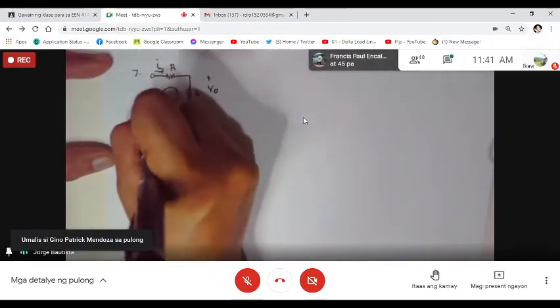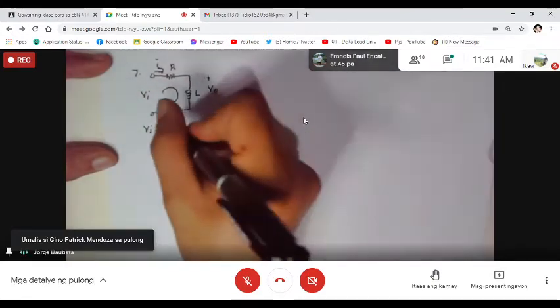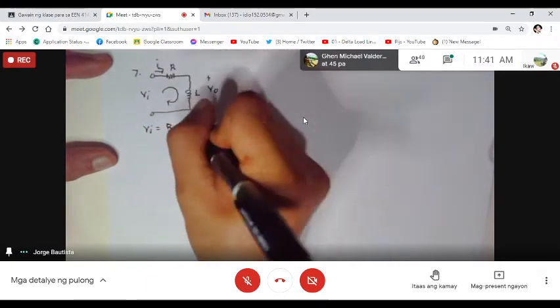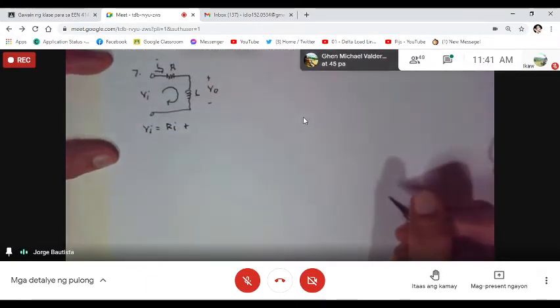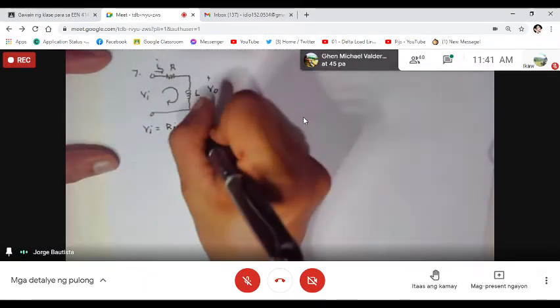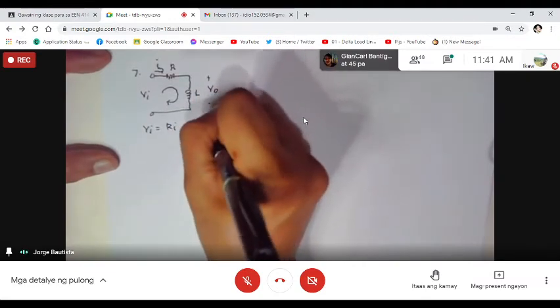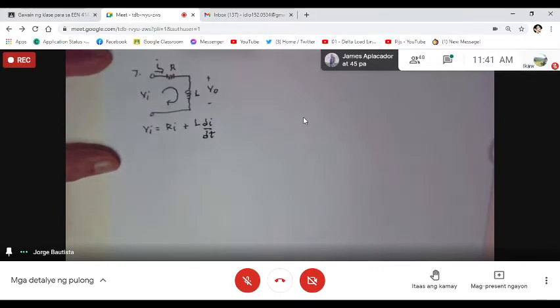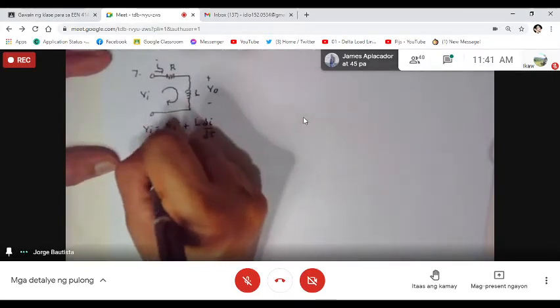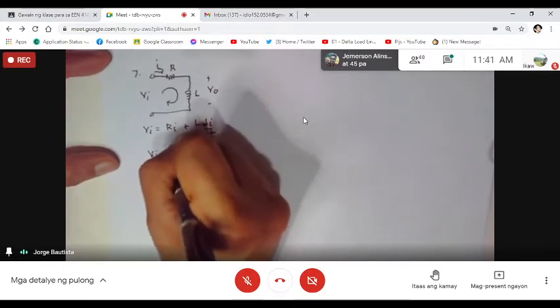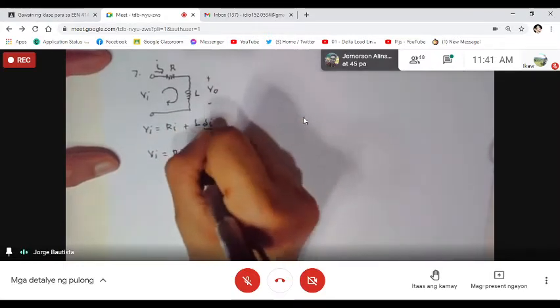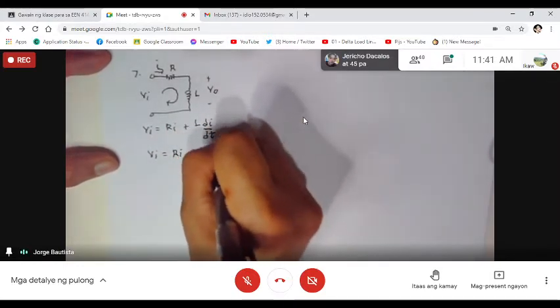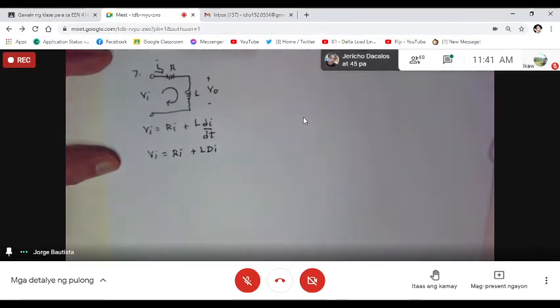So we have V sub I is equivalent to R I plus the voltage across the inductor, that is L dI over dt, di ba? Okay? So that is V sub I is equal to R I plus L dI sub t.